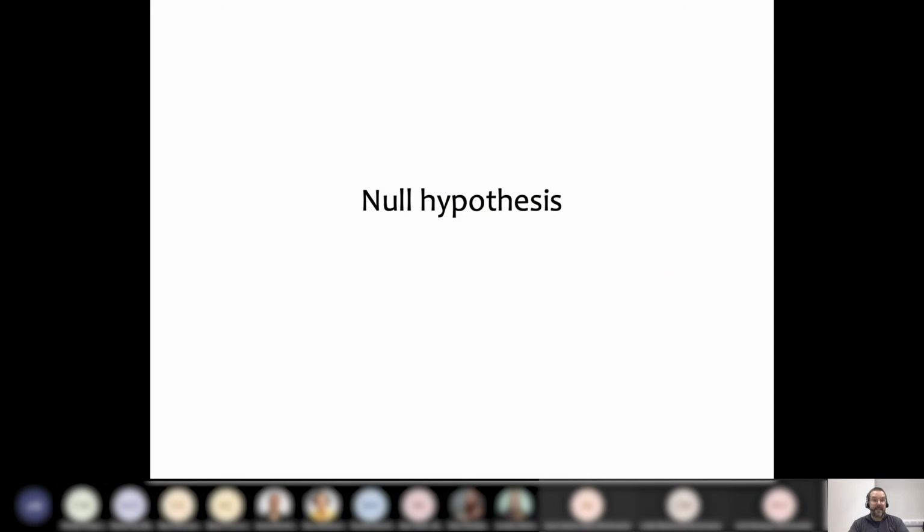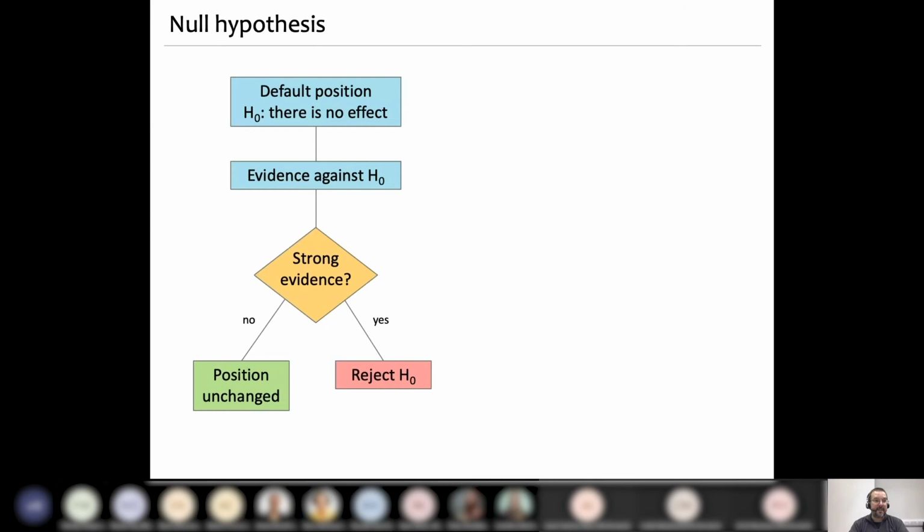Let's start with the basics. Null hypothesis. What is a null hypothesis? Null hypothesis is a default position. We denote it as H naught, and we usually say that there is no effect, no change between two biological conditions, no change between control and treatment.